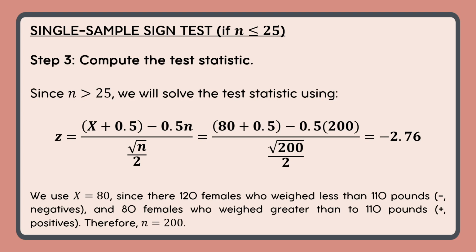Since there are fewer females who weighed greater than 110 pounds, we will use the number of positive signs, which is 80.